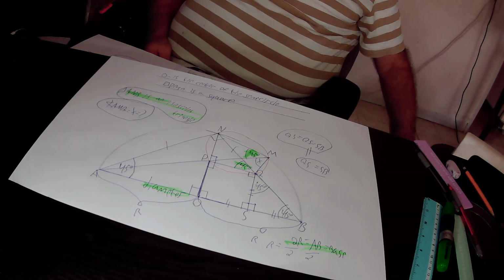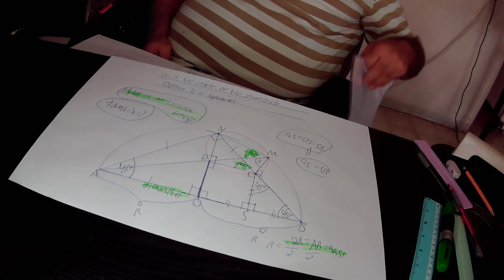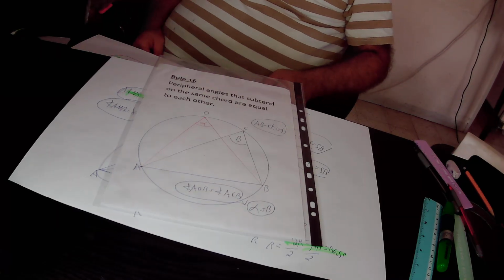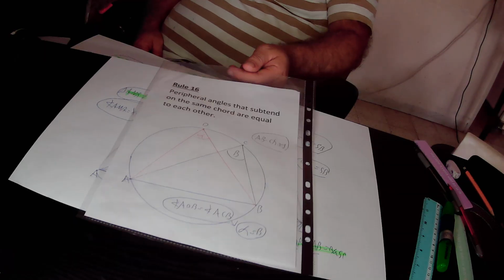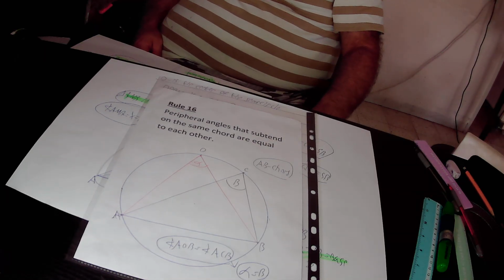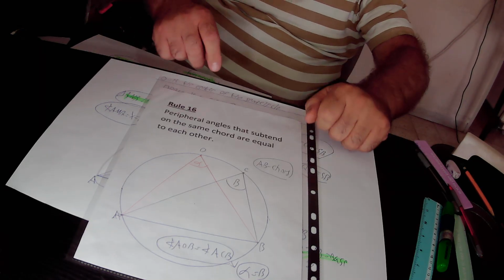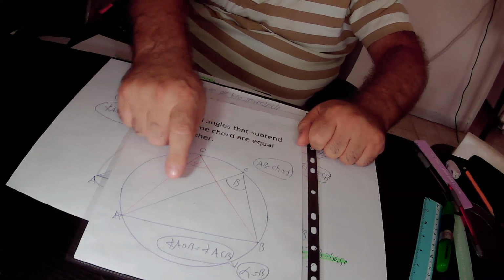So I can quickly go over rule 16. According to rule 16, peripheral angles that subtend on the same chord are equal to each other. So in the drawing we have a circle. The peripheral angle AOB subtends on chord AB.